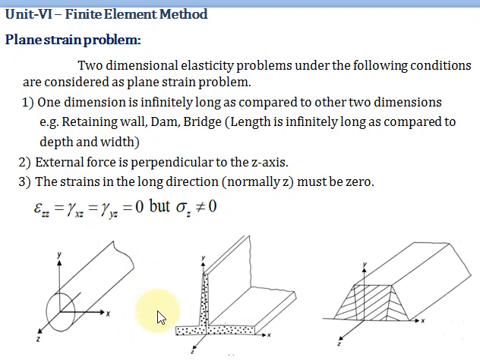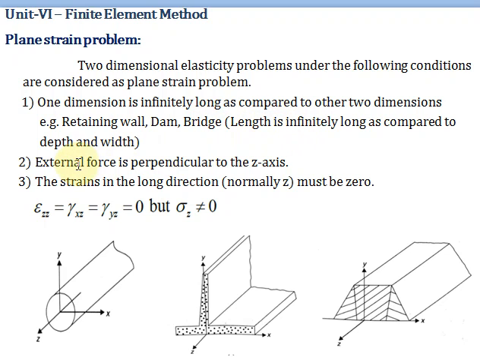Examples of the plane strain problem are a retaining wall, a dam, a bridge, and a pipeline. In these, one dimension is more as compared to the other two dimensions. For the retaining wall, the length is more as compared to the width and height.